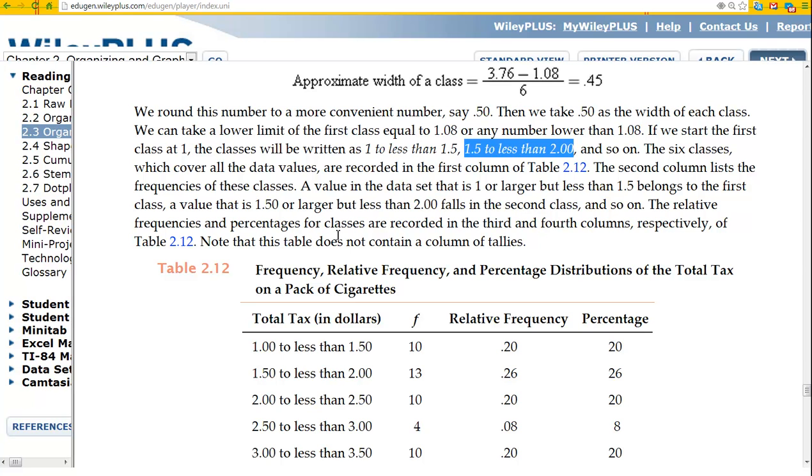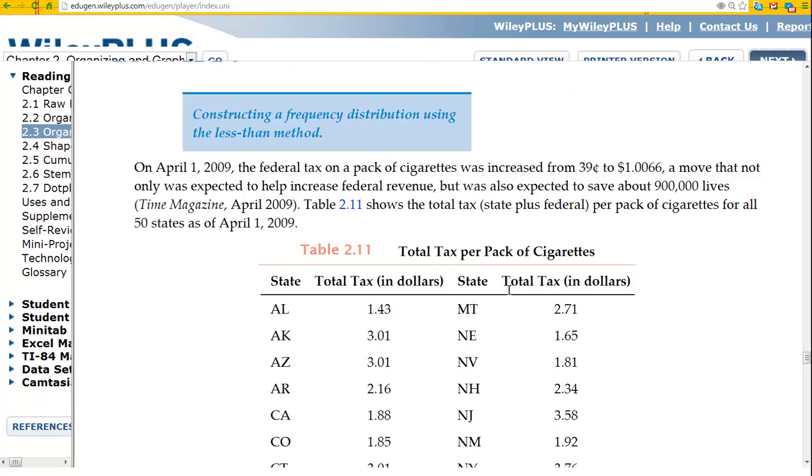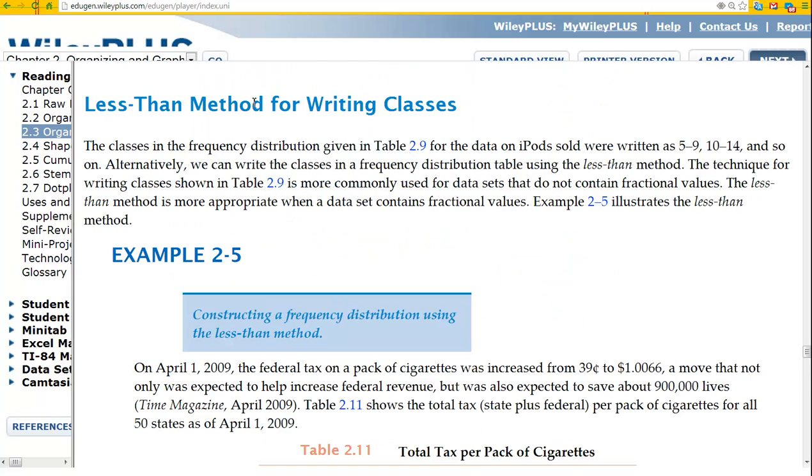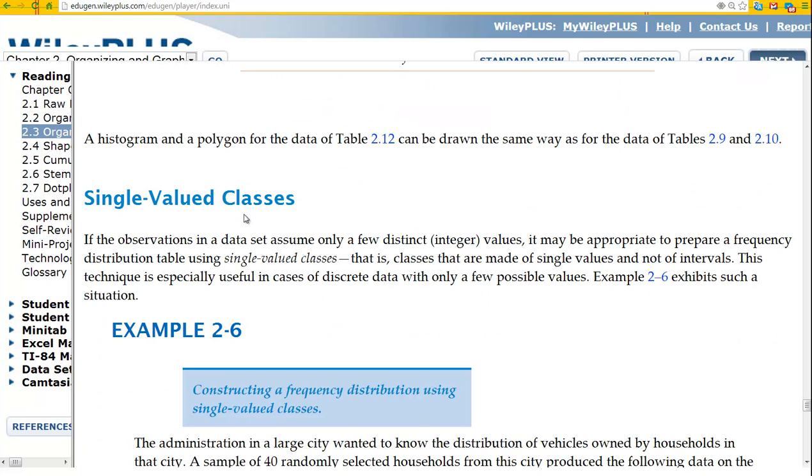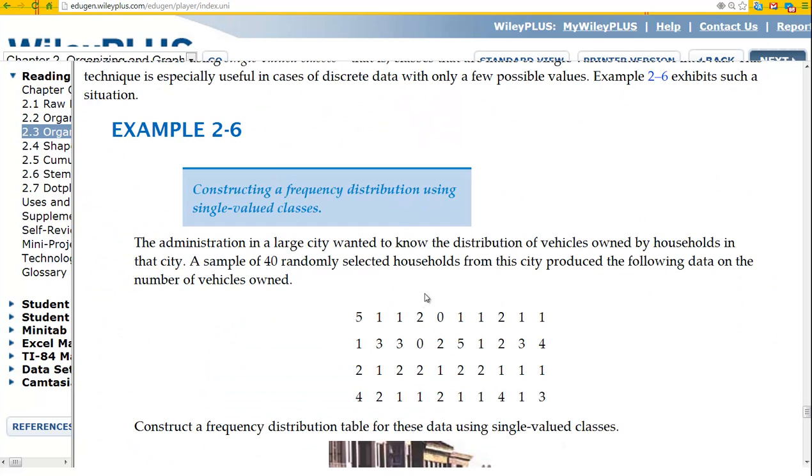The relative frequencies and the percentages you then do the same way. So that's called the less than method for writing classes. Then the single value classes. Here we only have how many different values? We have 0, 1, 2, 3, 4, 5. So that's 6 different values.